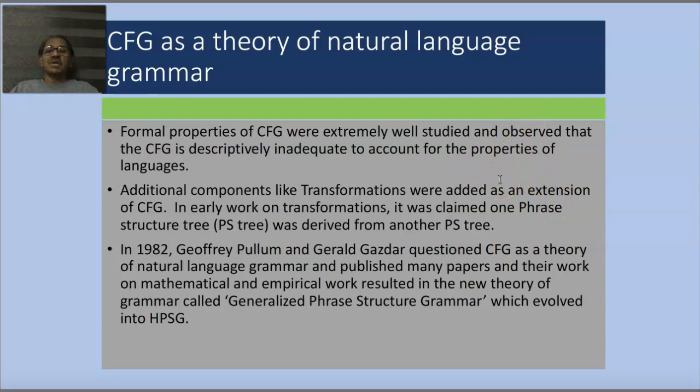That is, you can write a grammar, a context-free grammar for English. That grammar accounts for only English, but not for other languages. Right? We need a generalization for a context-free grammar to be a theory of natural language grammar.